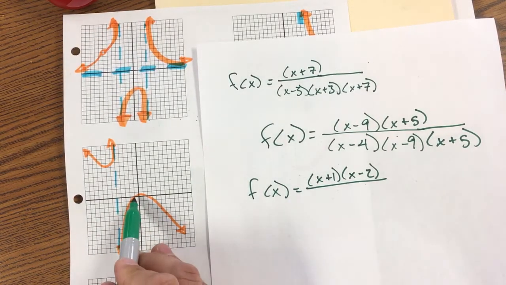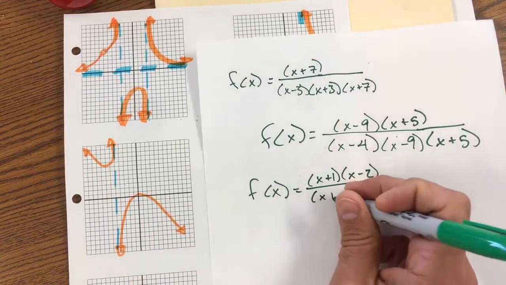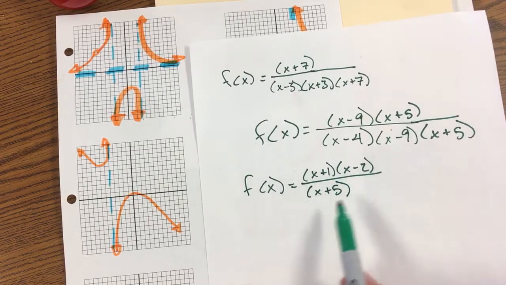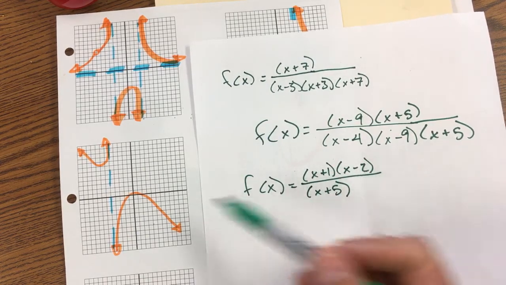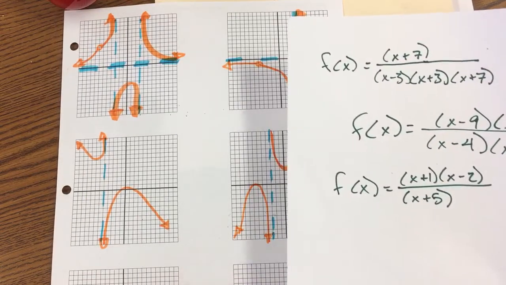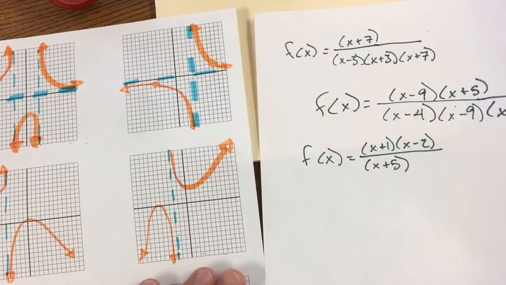I have a vertical asymptote at 1, 2, 3, 4, 5, -5. If I look at this, I have x squared on top and x on bottom, which means I shouldn't have a horizontal asymptote because the degree is higher on top. So that's it, unless there's some holes, and there's not.